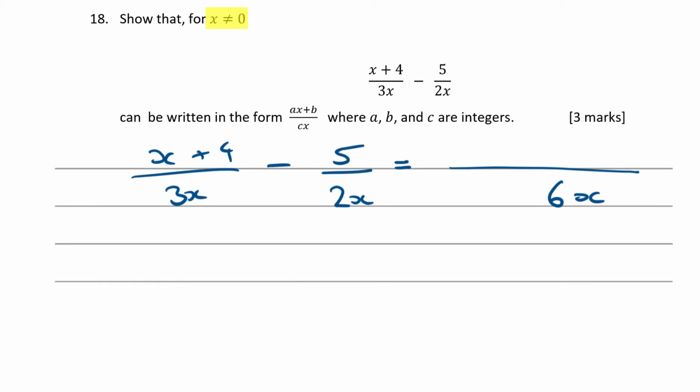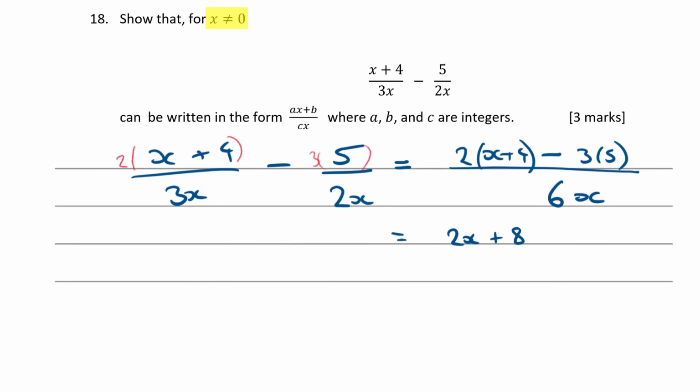So 3x goes into 6x twice, so I'm going to multiply up this one by a factor of 2 then, aren't I? So I'm going to get 2 lots of x plus 4, subtract, and my 2x goes into 6x 3 times, so I'm going to multiply this one up by a factor of 3. So that's going to be 3 lots of 5. Multiplying out the brackets on the top, 2 lots of x plus 4 is 2x plus 8.